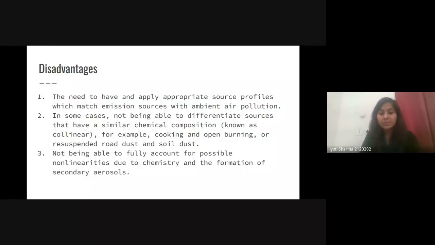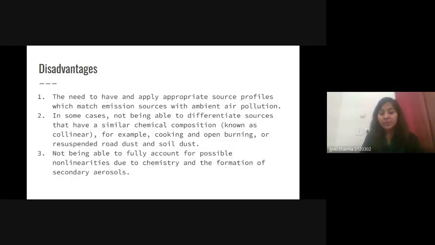If the emission is from cooking or from open burning, but you have pollutant in your atmosphere, and the chemical composition of that particulate matter, whether released after cooking or from burning, is similar, how will you determine from where you are having such pollutant in your atmosphere? This is a disadvantage.